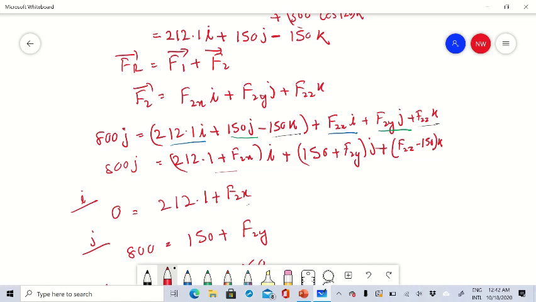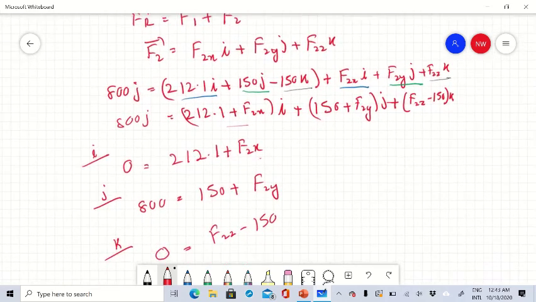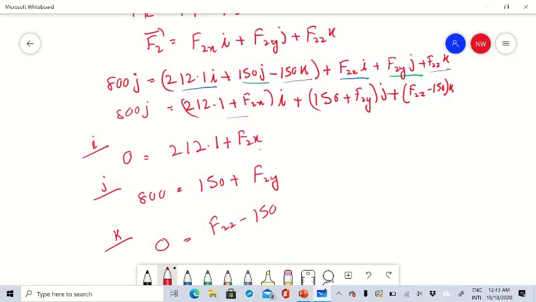The j terms in the resultant force is equal to 800. So which means that the j terms in the vector summation of these two should also be equal to 800, right? So 150 plus F2y is equal to 800. The k terms in the resultant force is 0.